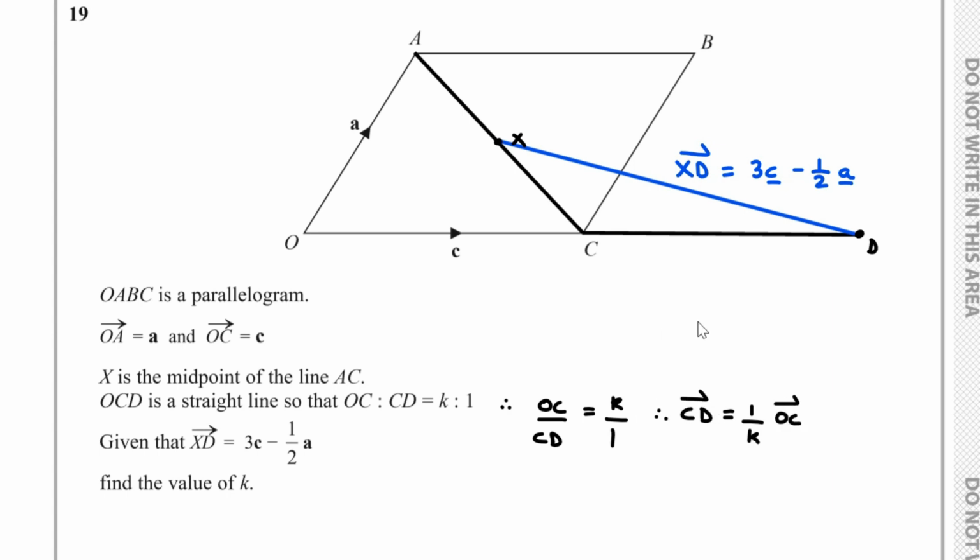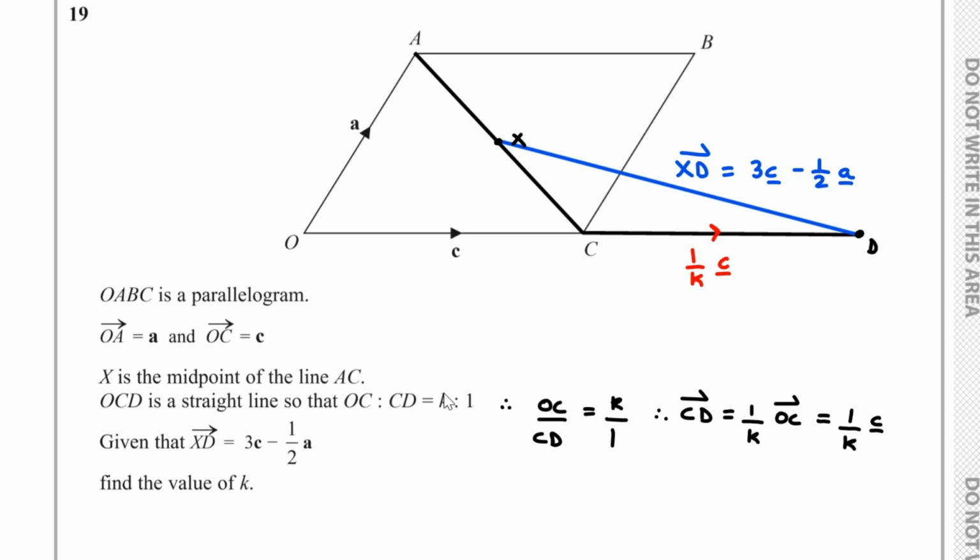Okay? So how does this help us? Well, here 1 over K lots of OC will simply be 1 over K lots of the vector C.